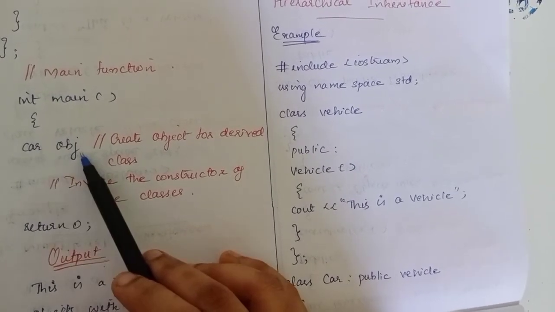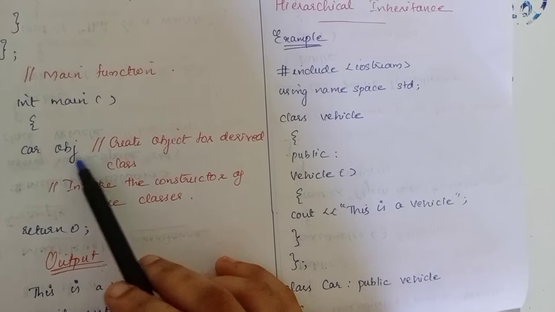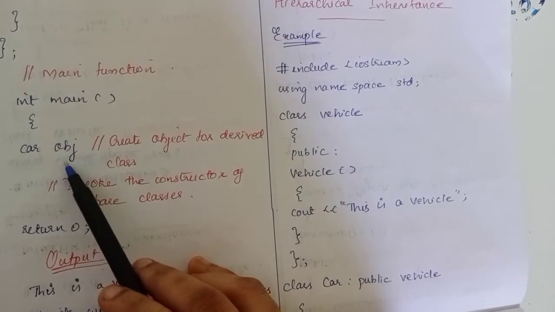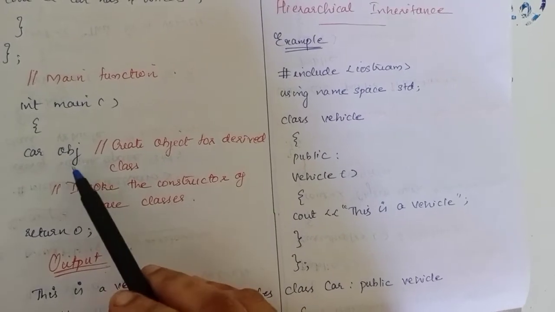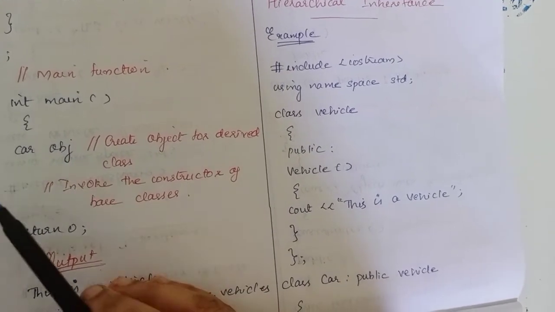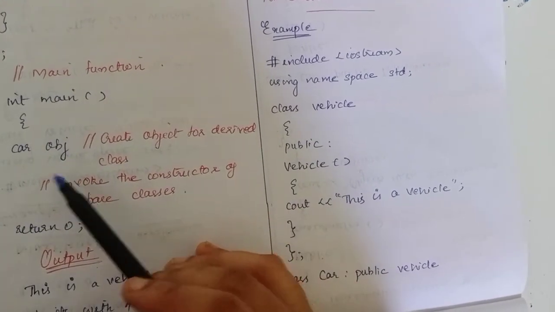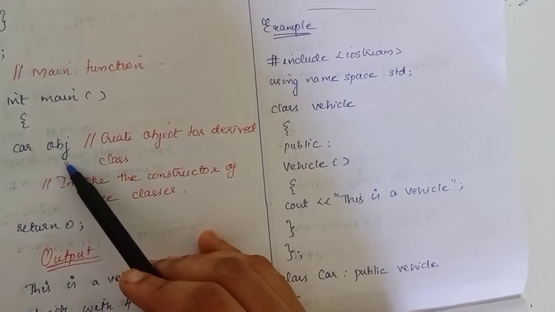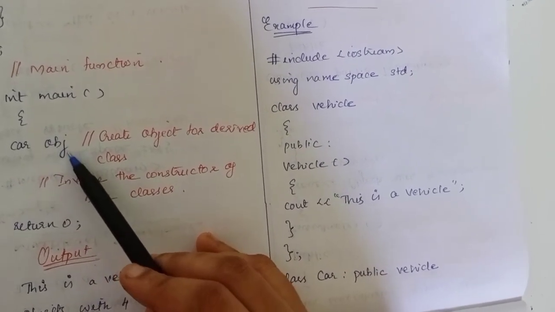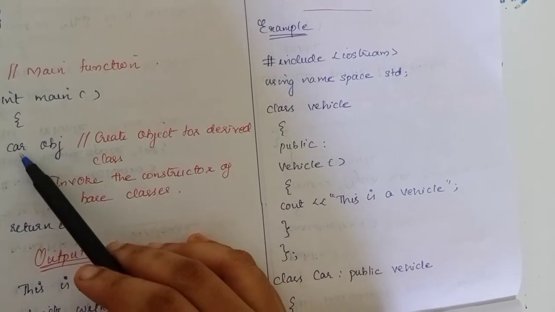So car object. When we create an object, if any constructor exists in any of the classes, that is also invoked when we create an object. So now I create an object named obj and the class is car.